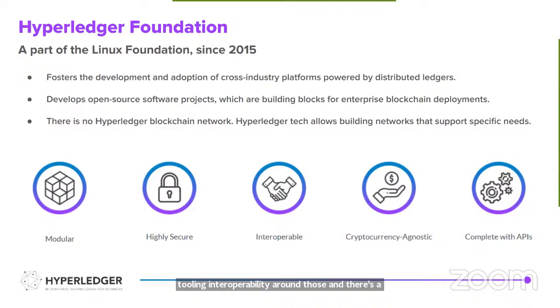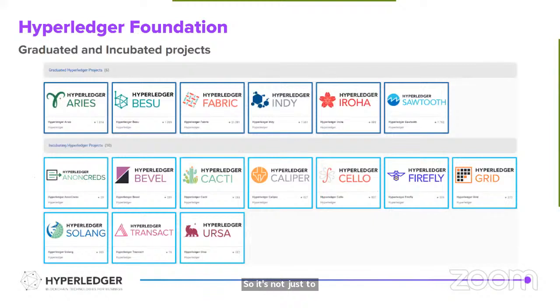One is that it's cryptocurrency agnostic, so the Hyperledger Foundation does not have their own token, and there's no advertisement of any tokens here either. That's important. And then the other thing that I like to doubly highlight is that even though the name says Ledger, the Hyperledger Foundation is a collection of projects. So it's not just a single one, there's actually plenty.